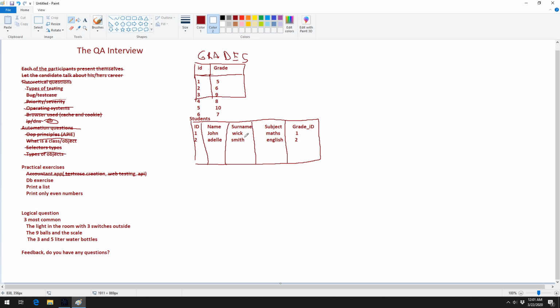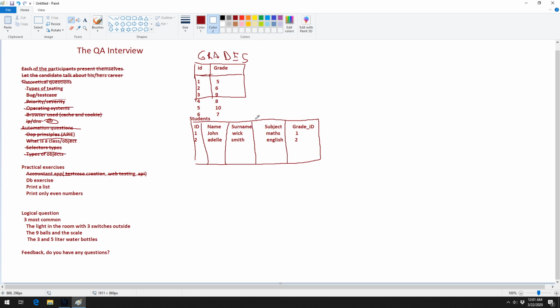So one of the most common exercises that I use is starting from the simple select. For example, I'm gonna say, please make a query, or tell me how would you select the student with the name John.